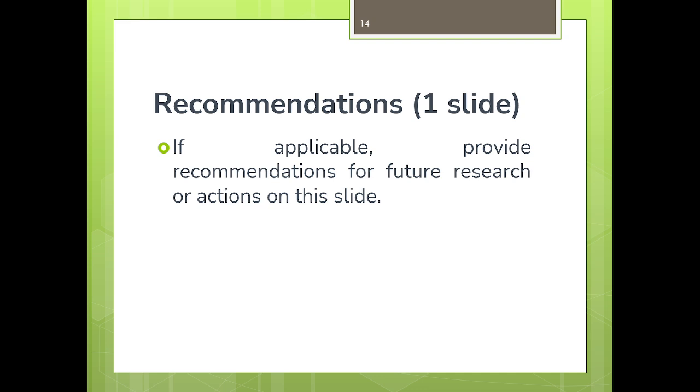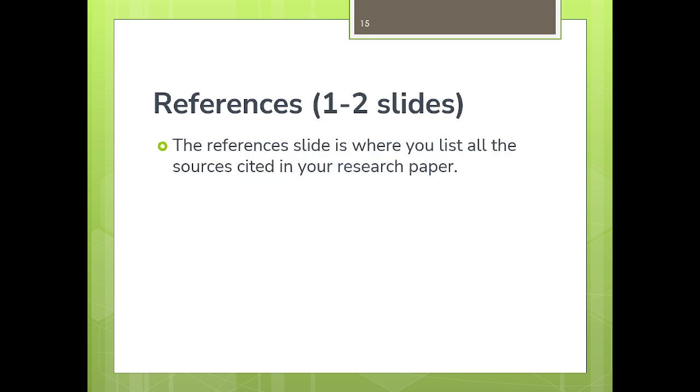Then if there is any recommendation, you can add it here for further research or action on this slide. So if applicable, provide recommendations for future research or actions on this slide. And then you can add your references, one to two slides.